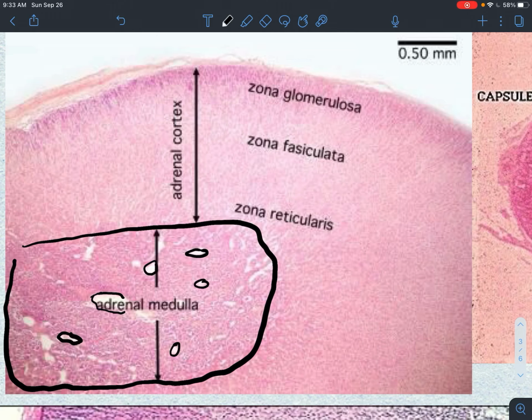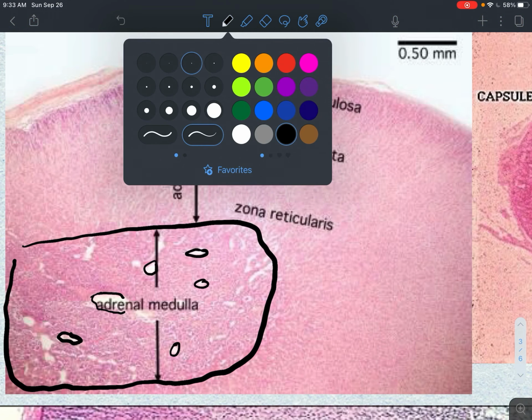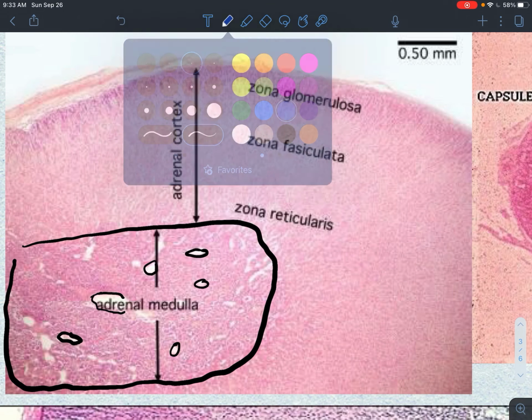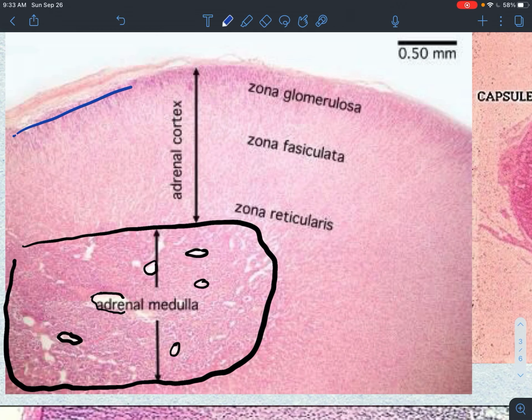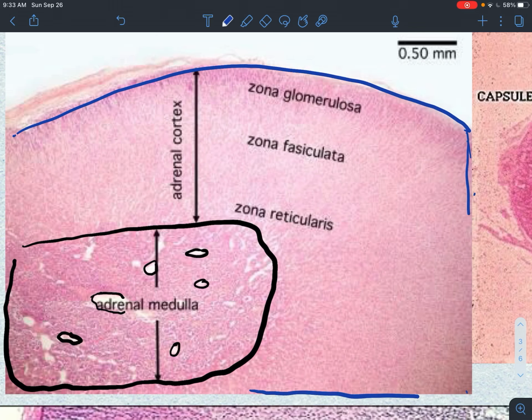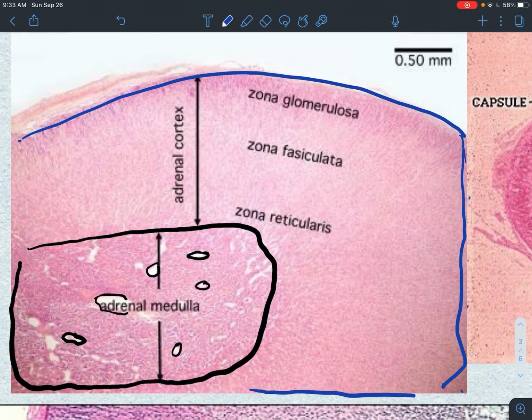And then you've got the cortex. The cortex is the part that is surrounding, and it's curving this way. Here it's chopped, but all of this is going to be cortex. So it's chopped right there, but it makes a circle all the way around that medulla.